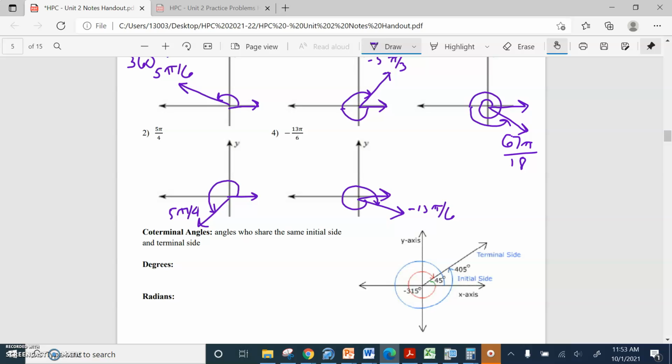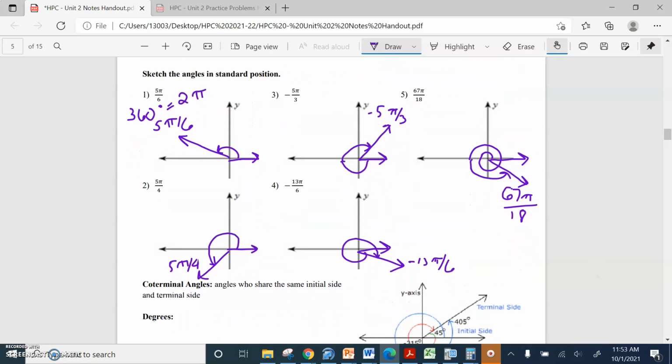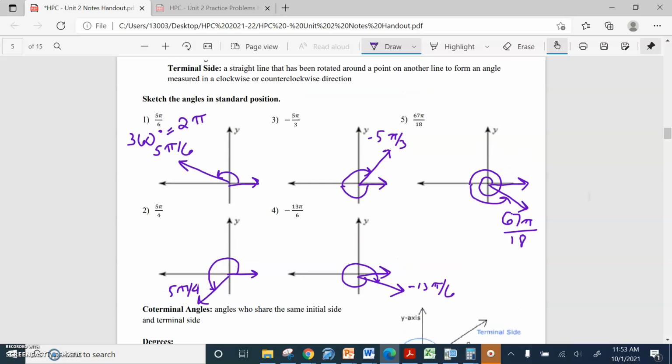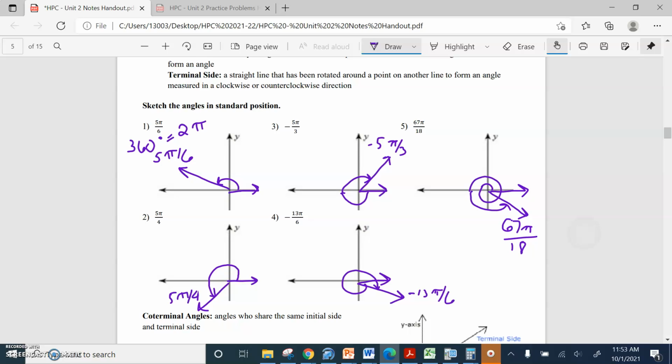We'll break this into a second video for the rest of the notes here, but that is what we're looking for in the first part, sketching the angles in standard position. Starting with the positive x-axis, a positive angle would go counterclockwise, negative would go clockwise.